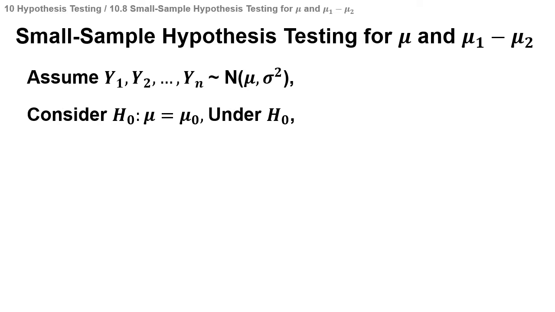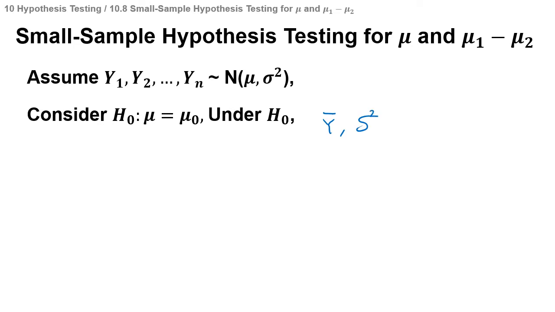The null hypothesis is mu is equal to mu0. Under the null hypothesis, what would be the underlying distribution? From this underlying situation, what we can calculate is y bar and also s square.